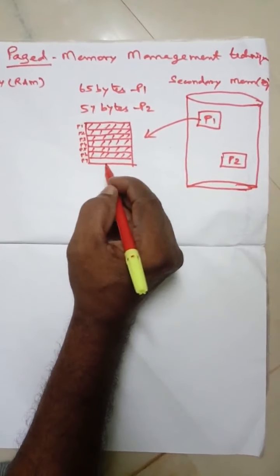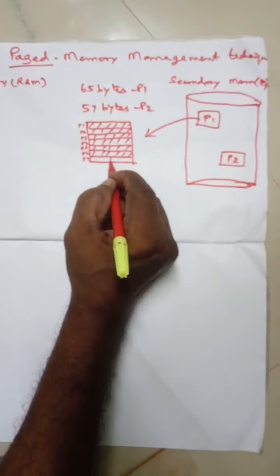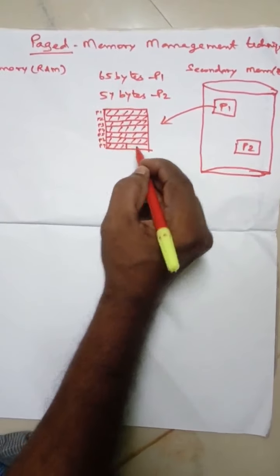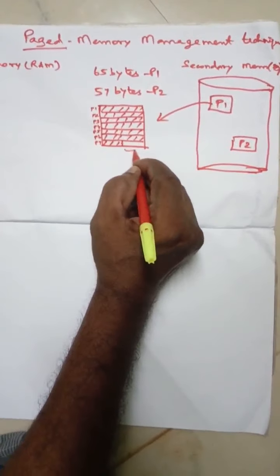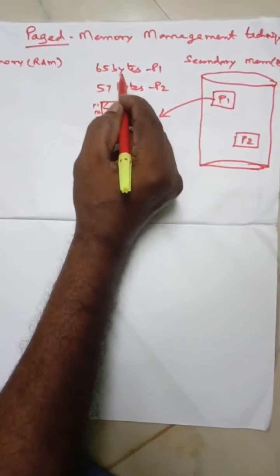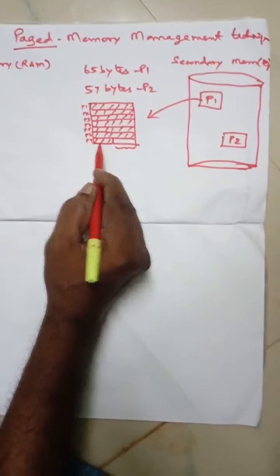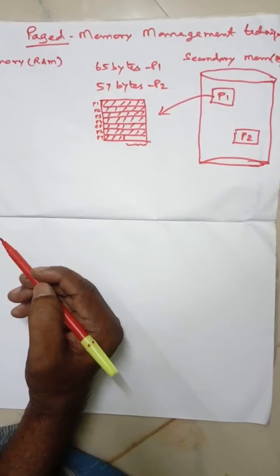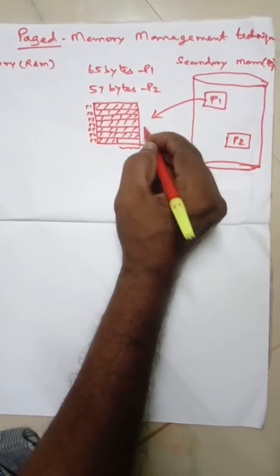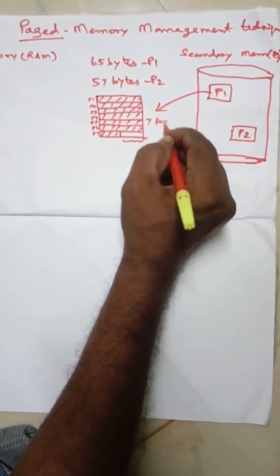But in page number 7, only half of the portion, that is the first 5 bytes, is occupied, and the remaining 5 bytes are free, because the size of the program is only 65 bytes.